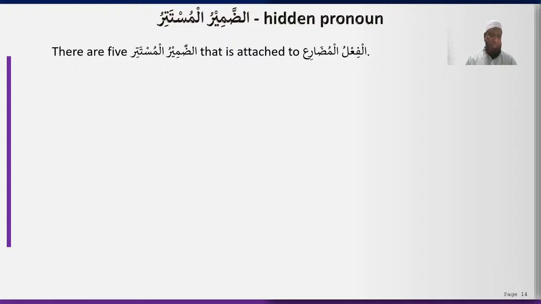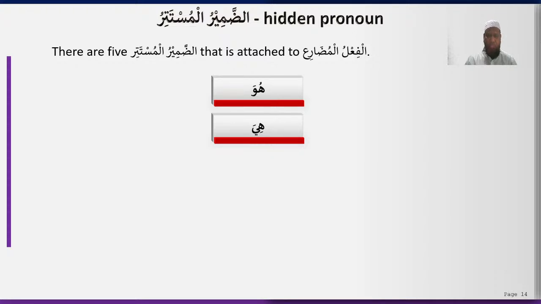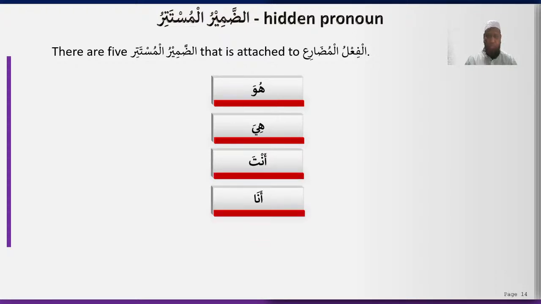So there are 5 sigas that have ضمير المستتر attached to فعل المضارع. First of all, what are these ضميرs? هو, هي, أنت, أنا, نحن. In فعل ماضي we had only 2 sigas, هو and هي. But in فعل مضارع, including these 2, there are 3 more: أنت, أنا, نحن.